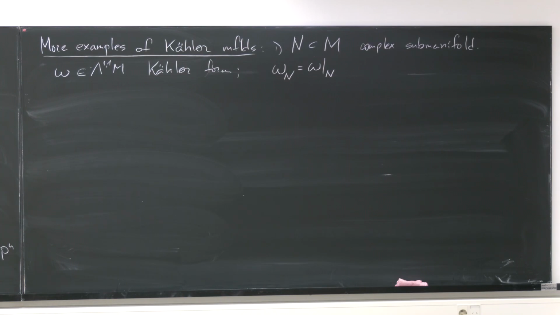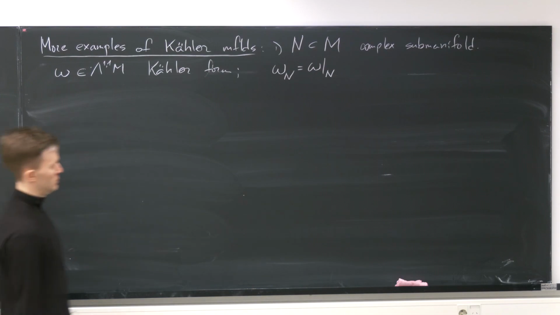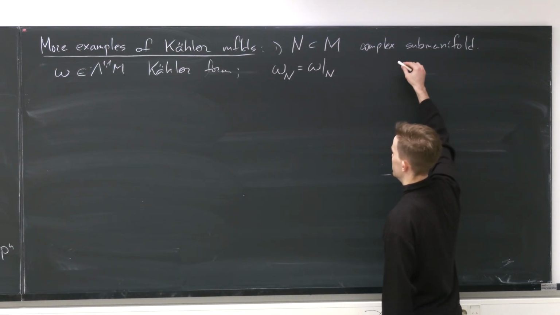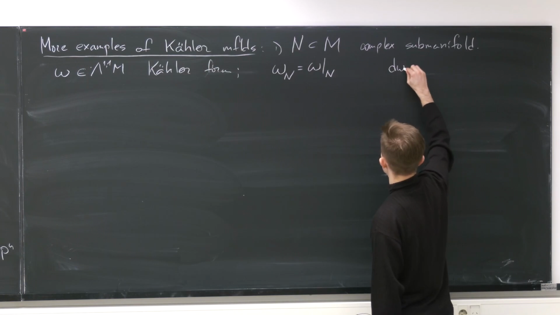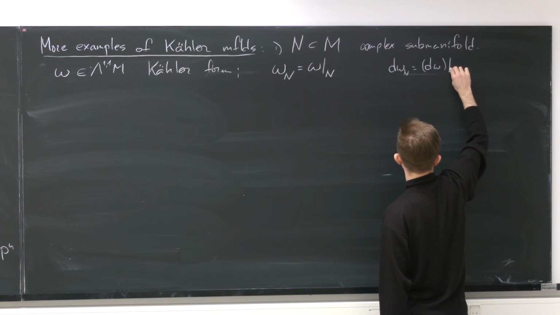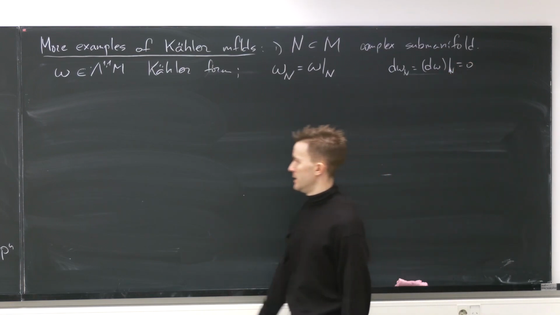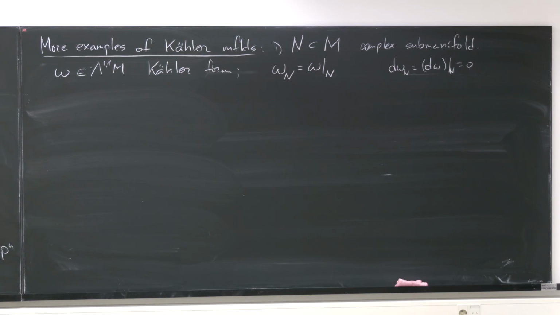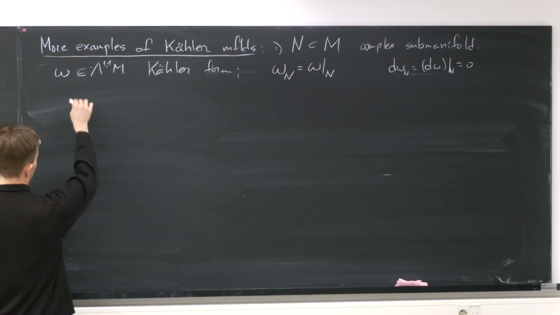There are two conditions: first, that it is invariant and positive definite, and second, that it is closed. It is closed obviously, because it's a restriction of a closed form. So d omega_N is the same thing as the restriction of d omega, which is 0. And the other conditions are also obvious because the tangent space to N is preserved by the complex structure.